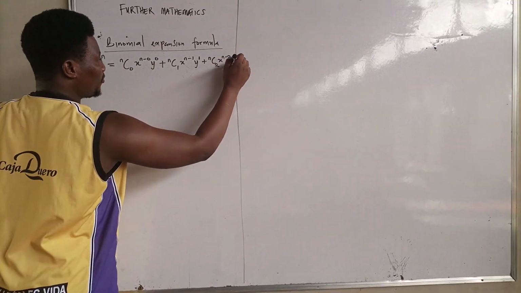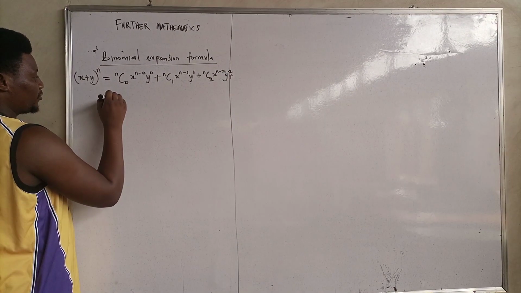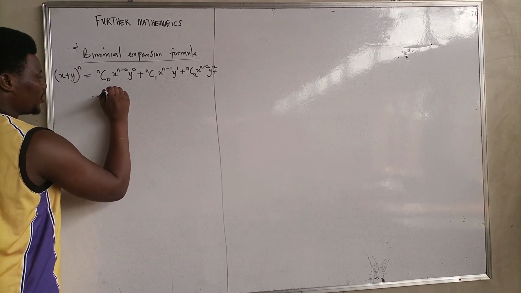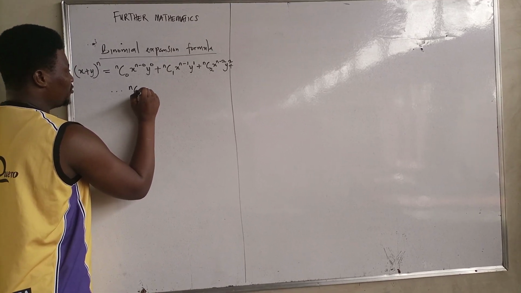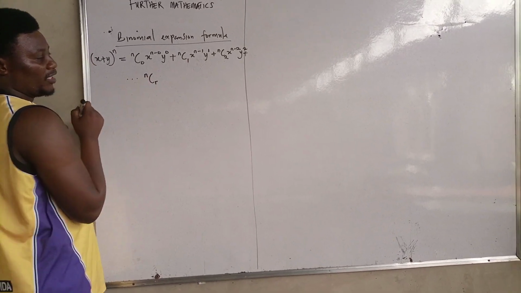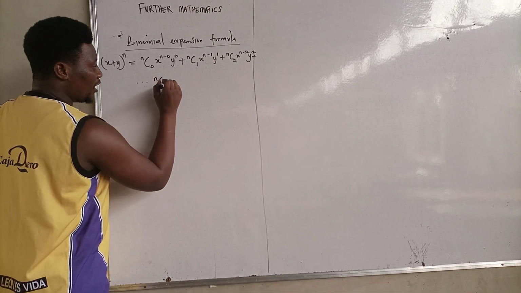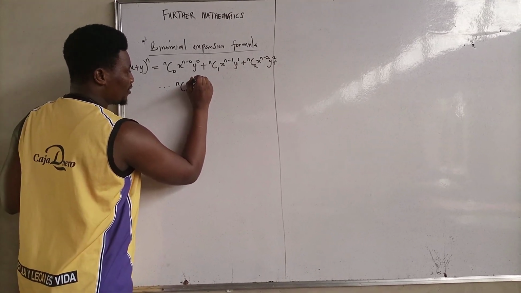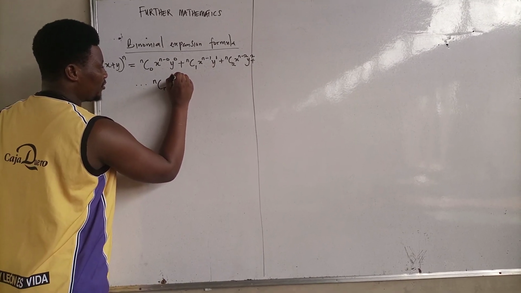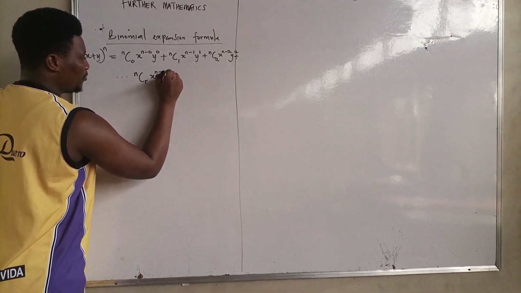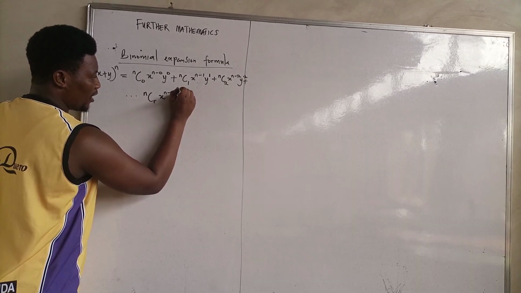So plus, we continue till we get to a point where we have n combination r. That means my x will have the power of n minus r, and my y will have the power of r.